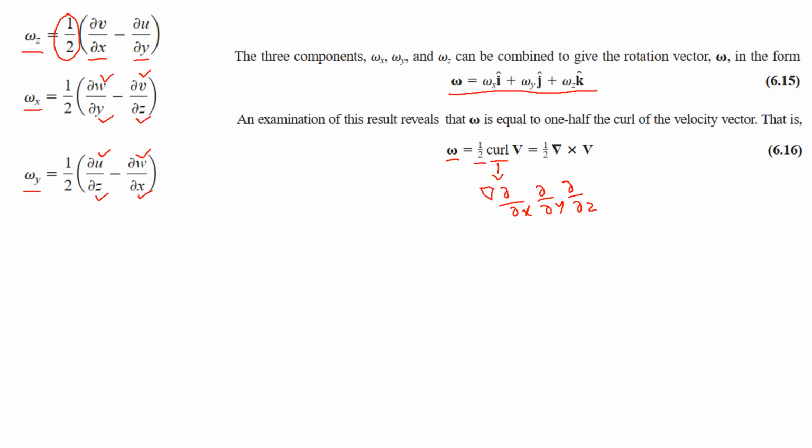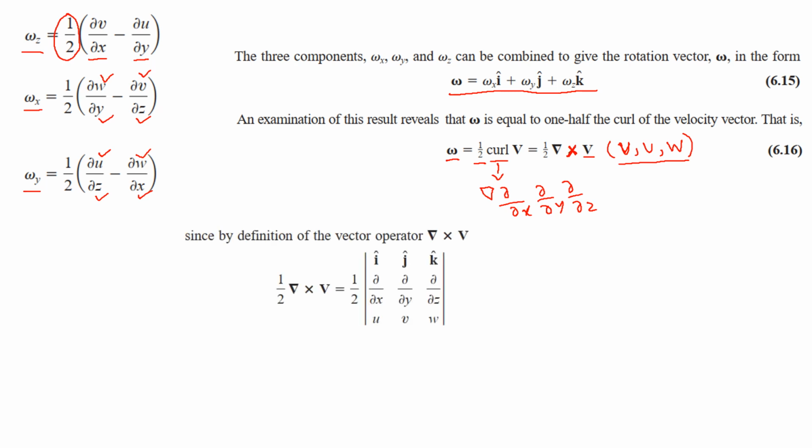These are cross differentials, and when we take the cross product with the velocity vector v, which in this case will be u, v, w, it will be a cross product, not a dot product. So only those components that make a 90-degree angle with each other will come out to be positive, that will be 1, and those components that are parallel with each other will come out to be 0.